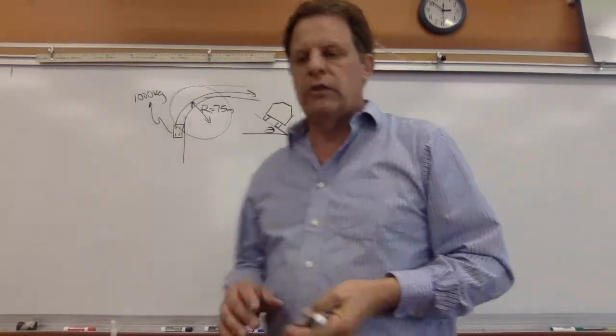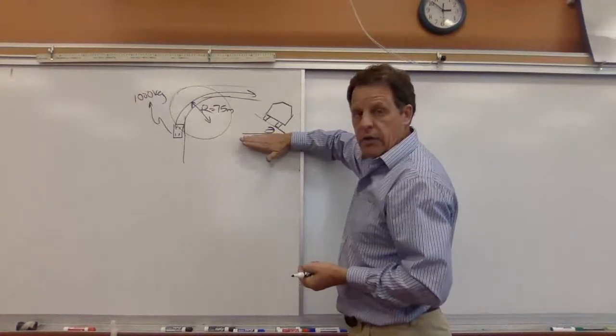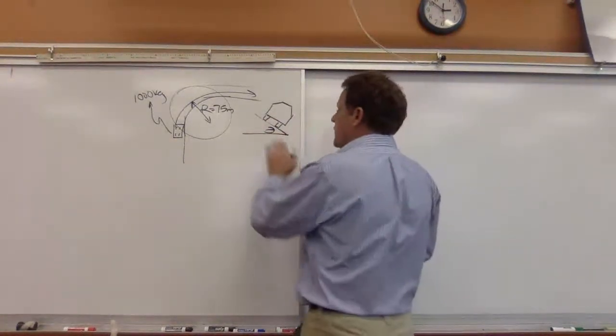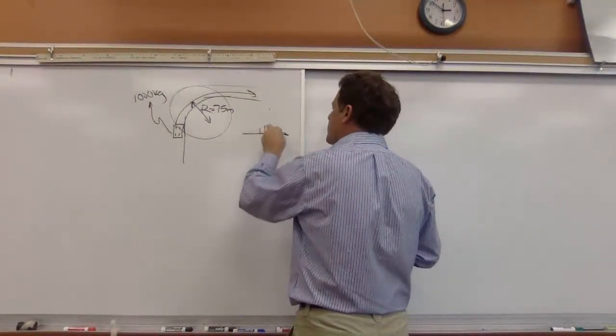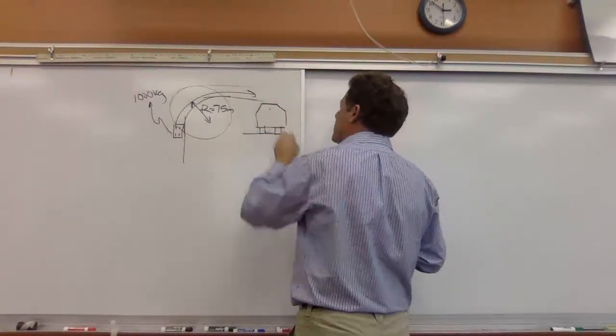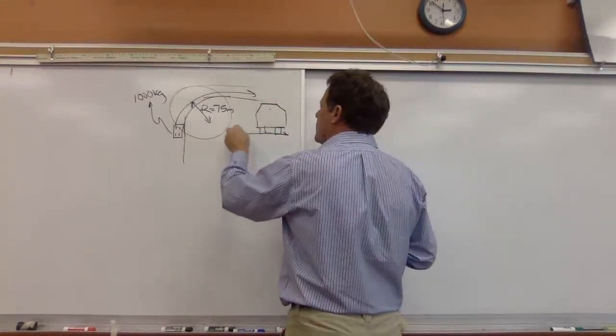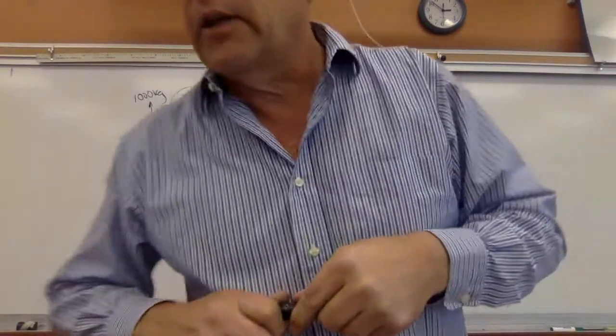So notice in these first few questions, the angle is going to be flat, okay? So I'm going to draw it flat to begin with. So that would give us 0 degrees. And we'll draw it at an angle in a second.